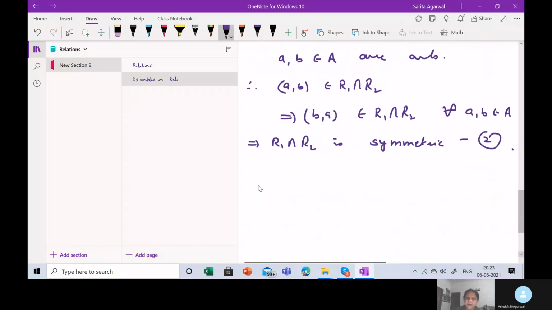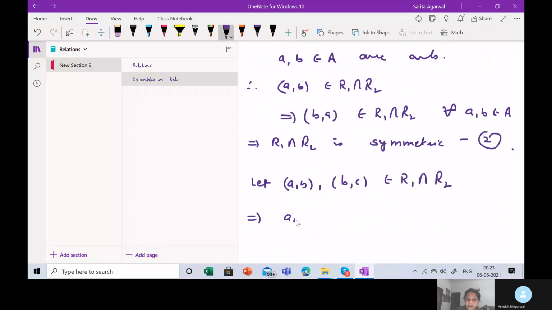let (a, b) and (b, c) belong to R1 intersection R2. That means (a, b) and (b, c) belong to R1 and (a, b) and (b, c) belong to R2.